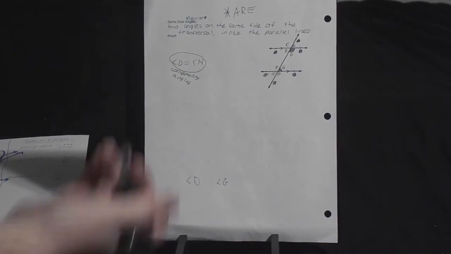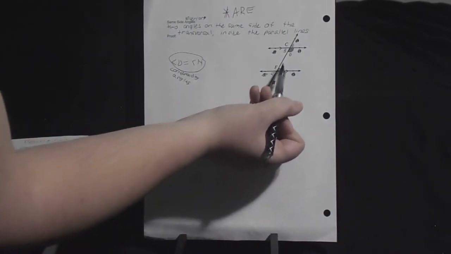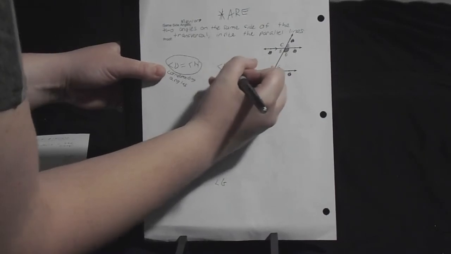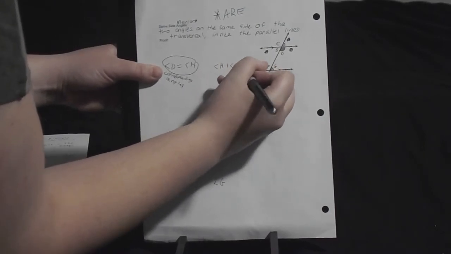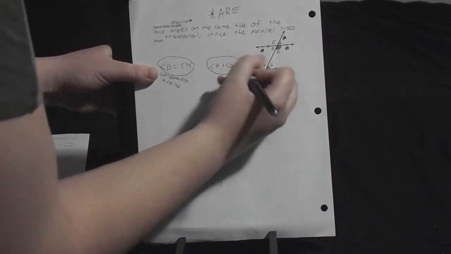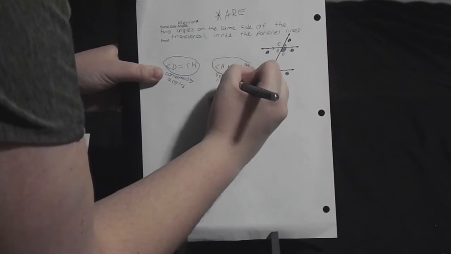And now that I'm at H, I know H's relationship with G. H and G are on this straight line, so that makes them a straight line pair. So I can say that angle H plus angle G equal 180 because they are a straight line pair.